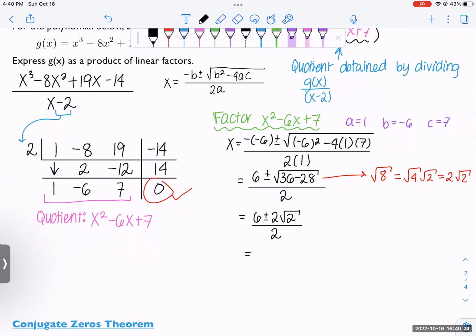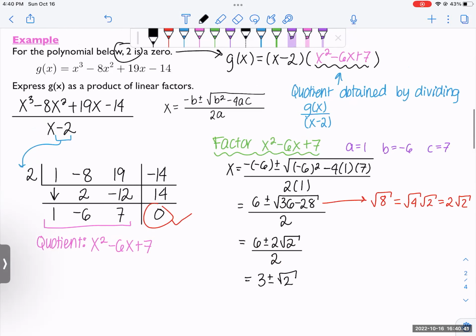This simplifies because everything is divisible by 2. 6 divided by 2 is 3. 3 plus or minus the square root of 2. Those are the other zeros. So 2 is a 0, and the other 2 zeros are 3 plus the square root of 2 and 3 minus the square root of 2.